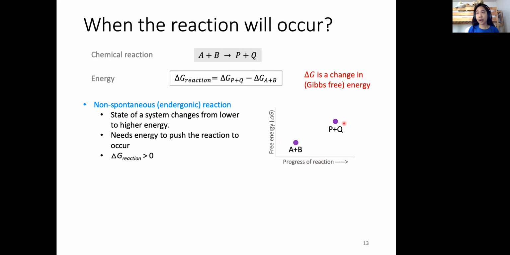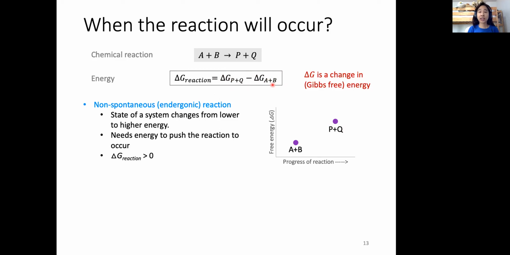Once time goes by, you have P and Q as the products, but their free energy is even higher than the reactants. So using this equation, you have more energy in the products and less energy in the reactants. When you do the math, you get the delta G of the reaction on the positive side.